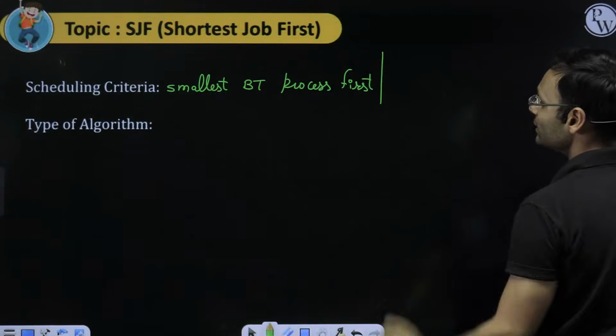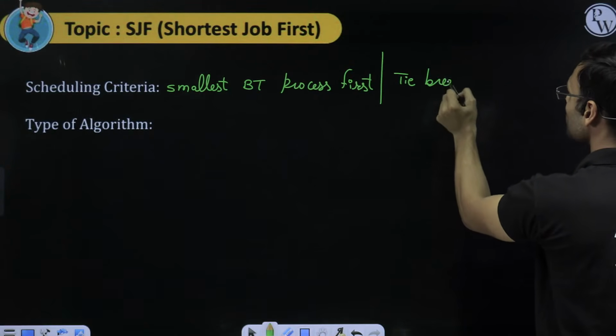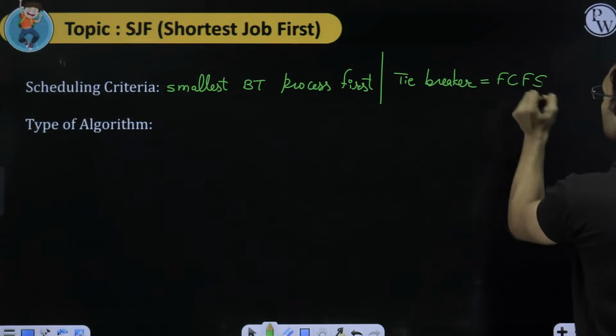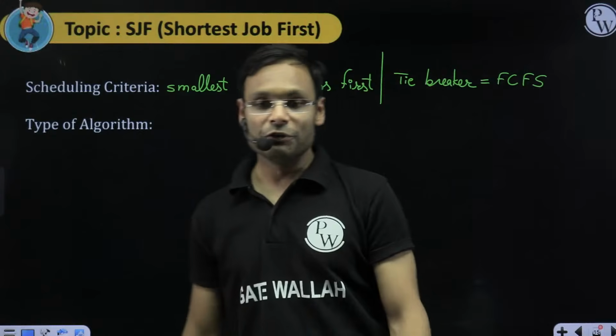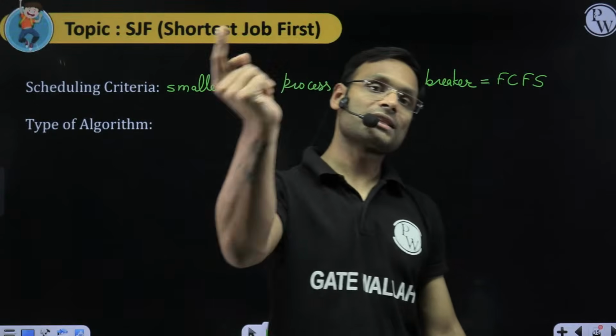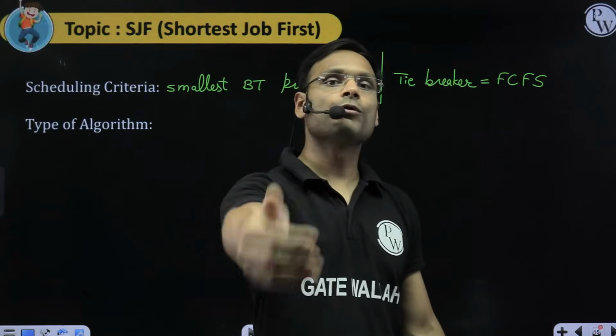Okay? And if two processes are having equal burst time, then tiebreaker is FCFS, which means first you need to check their arrival times. Whichever process is having smaller arrival time, scheduled first. But if processes are having equal arrival time also, then go for process ID.